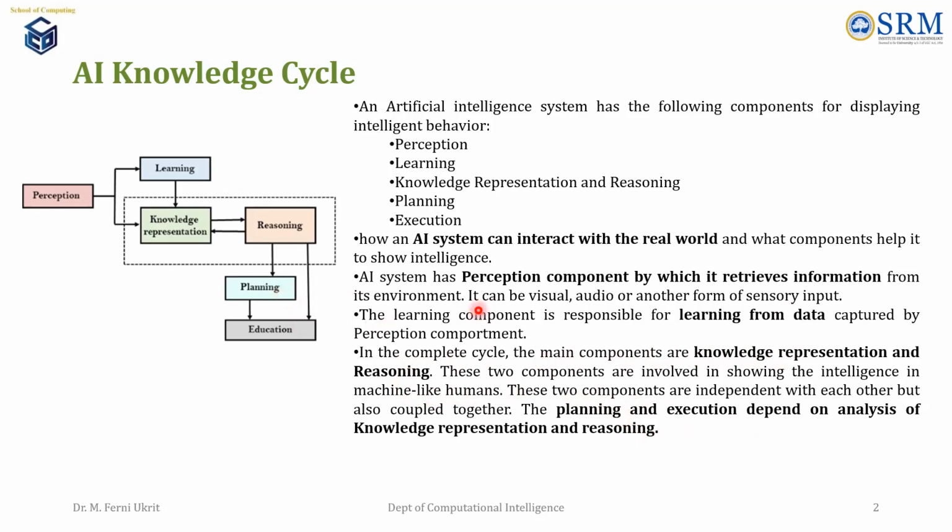Then we go into the planning and execution phase. Once knowledge representation is done, we need to plan how we are going to take that to the next level, how we are going to train the model, how we are going to evaluate the model, etc., and how we are going to execute it also. So these are the 5 components of the knowledge cycle.